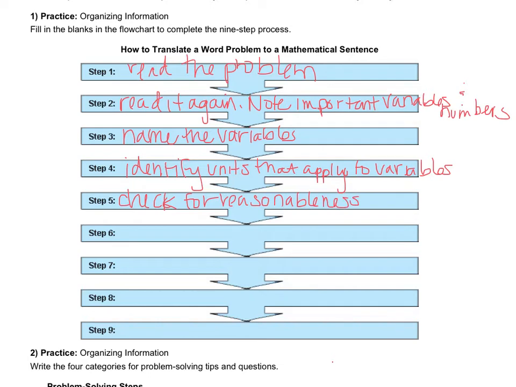Step 6 is to write it as one sentence. So you've gotten all your information together, now we're writing it as an equation. Number 7 is to identify the operator. When they talk about the operator, they're asking, do we need to add, subtract, multiply, or divide?